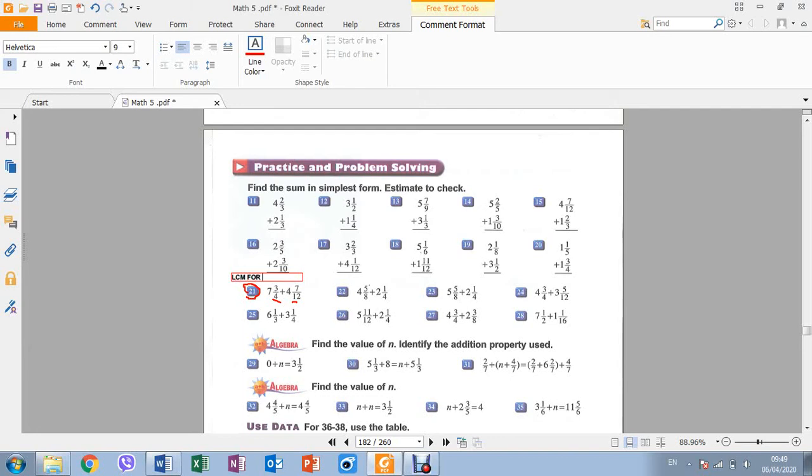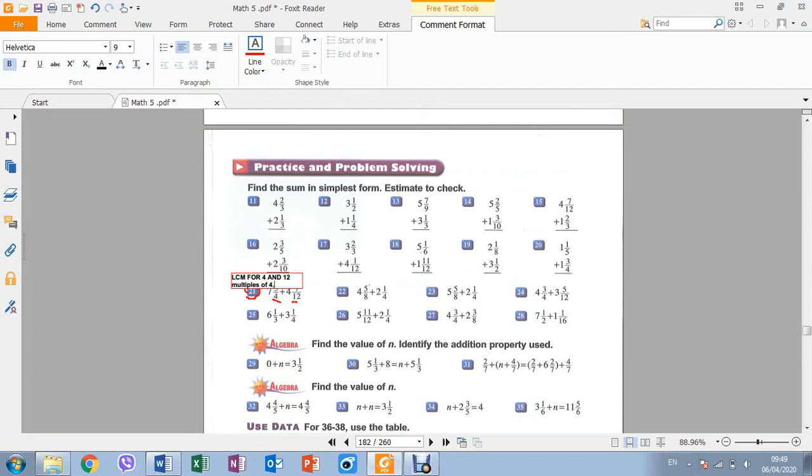for 4 and 12. Okay. First step, we need to find multiples of 4.